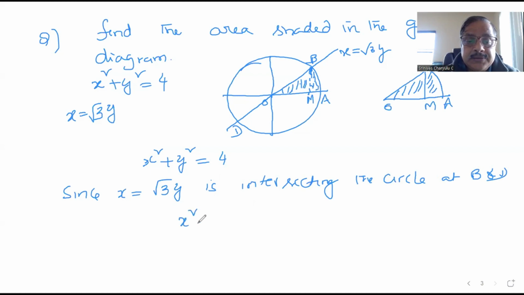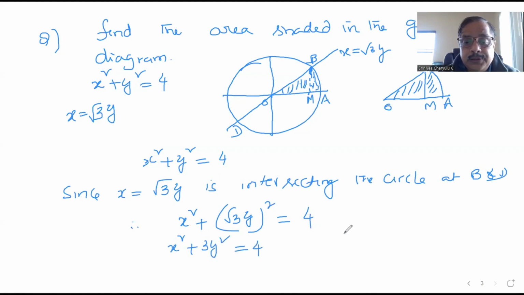Then wherever x is there in the circle equation, you substitute this. Then x square plus 3y square is equal to 4. Oh, sorry, here root 3 y, x square plus in the place of y we should write x by root 3.